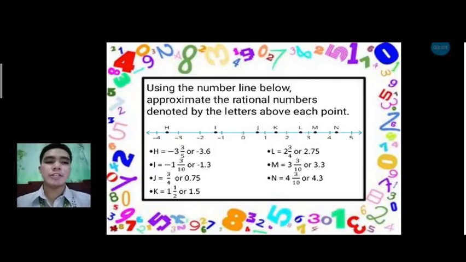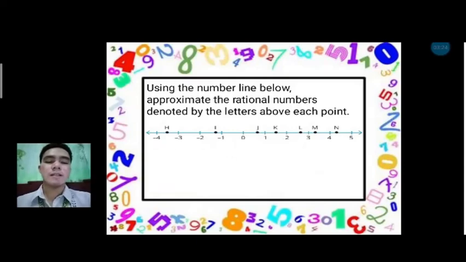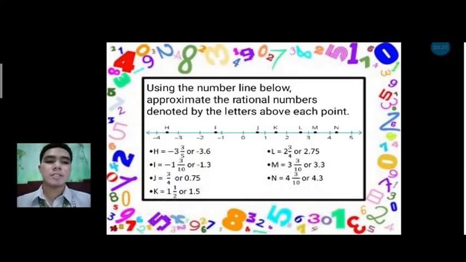My point J is approximately 0.75 or 3/4 in fraction because, as you can see, point J is more than halfway between 0 and 1. Then point K is approximately halfway between 1 and 2, so I approximate it as 1.5.